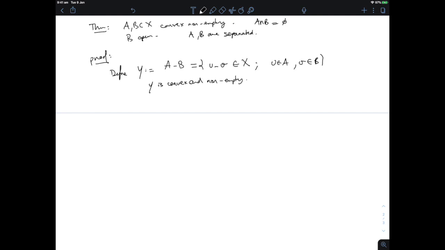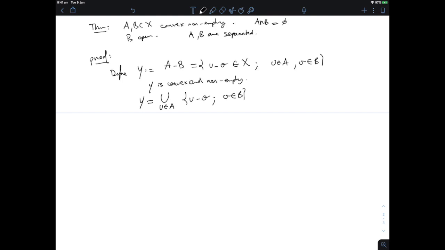Okay, so I have a non-empty convex set. I want to separate it from the point. I need to know it's open. And the fact that just B is open is going to be enough to make Y open. Because what is Y? Y is really the union over all u in A of the set of all vectors of the form u minus v, where v is in B, right?